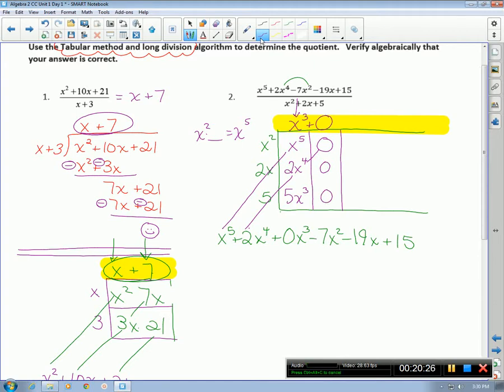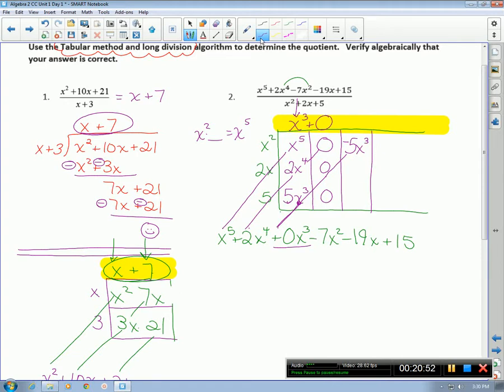Then 0x cubed comes from this box and this box and this next box. So if it's 0x cubed and I have a 5 and a 0, I need a negative 5x cubed to give me 0. 5x cubed and negative 5x cubed.